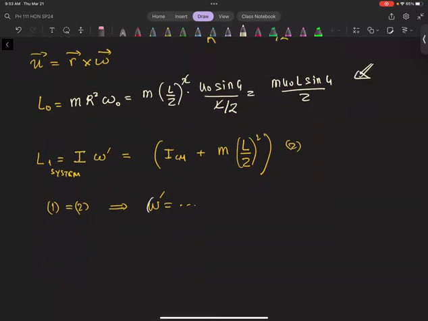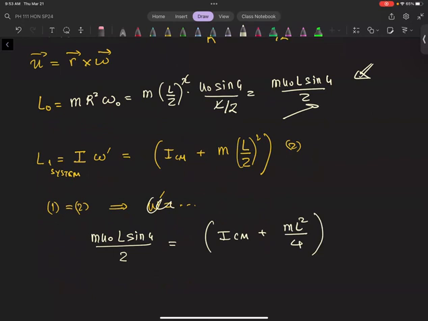Now the rest, I can show you what to put together. This is the moment of inertia, the angular momentum before, sine phi over 2, equals all this plus mass L squared over 4 times omega prime.